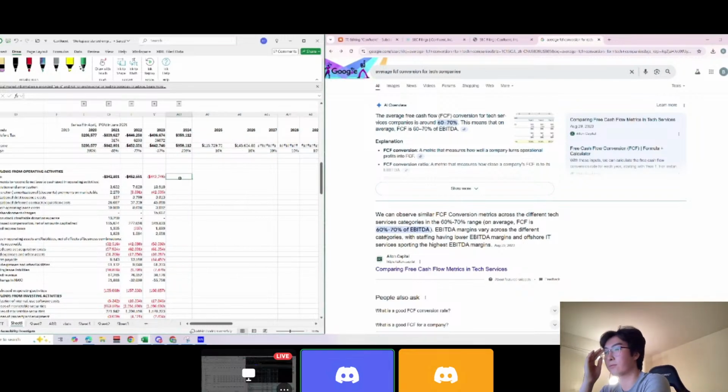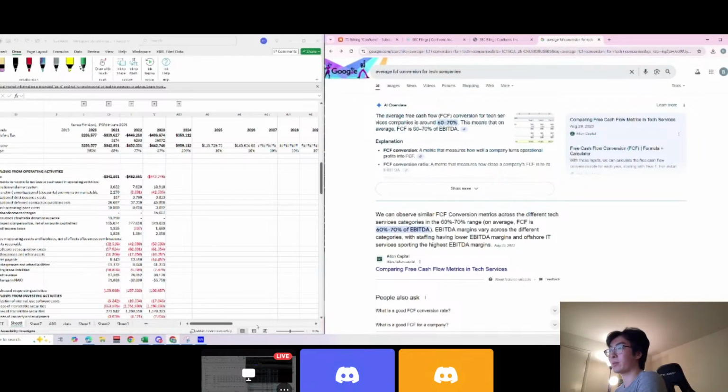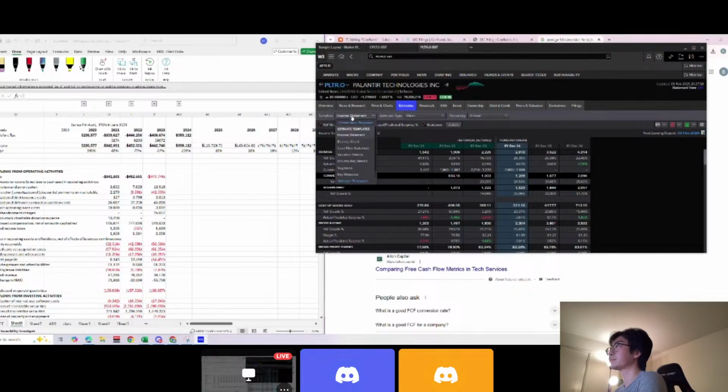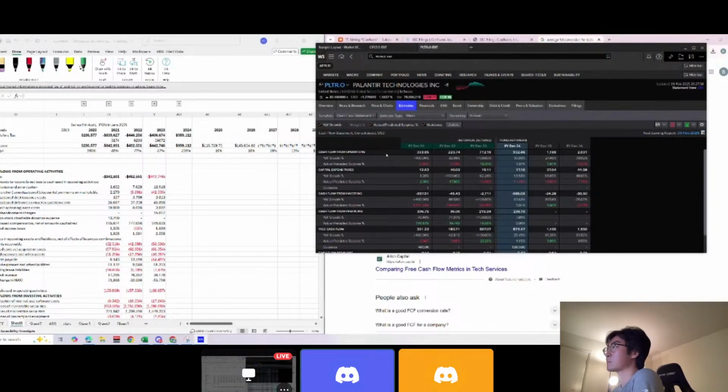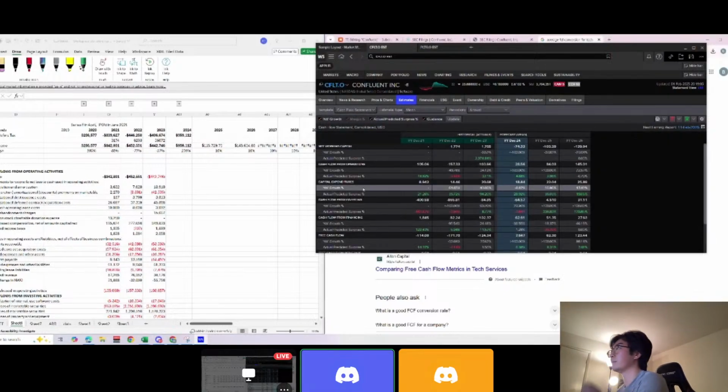Okay, 2024. So cash flow statement. Oh, Palantir. That's what I say. It doesn't look right for Confluent.